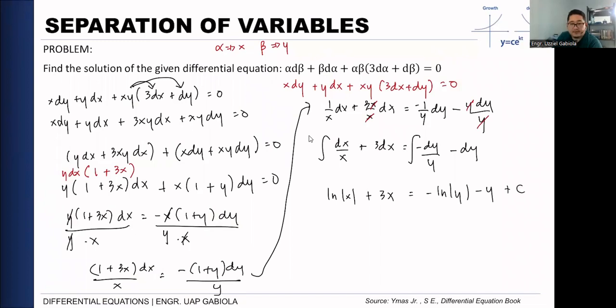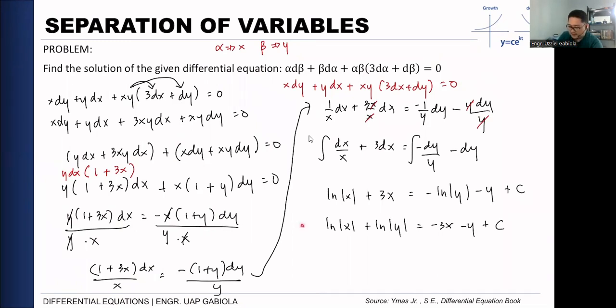Okay? So, pwede natin gawin, combine natin yung may ln sa isang side. Yung walang ln, lipat natin sa kabila. So, this can be ln x plus ln y is equals to negative 3x minus y plus c. So, yung property natin kanina ng ln, no?